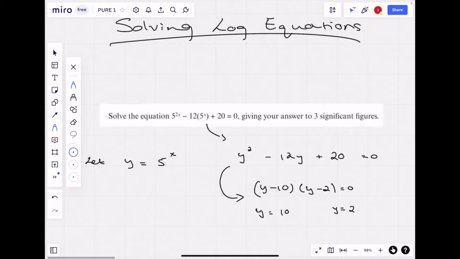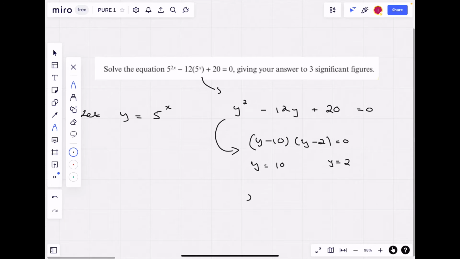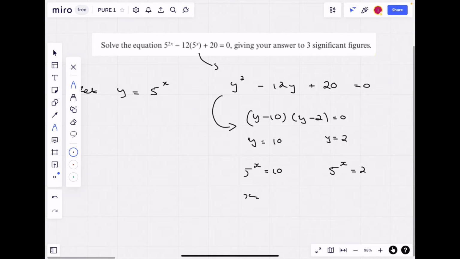And now we take our substitute and we bring it back in. So that means 5 to the power of x equals 10 and 5 to the power of x equals 2. And now we do that equivalence. So x equals log base 5 of 10 and x equals log base 5 of 2.